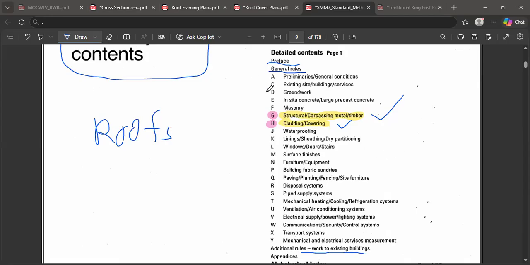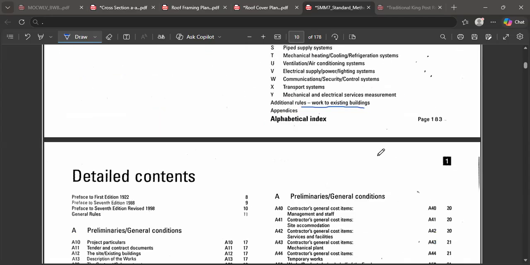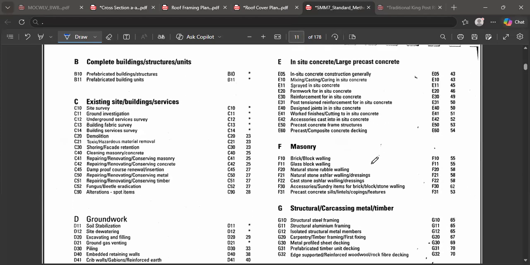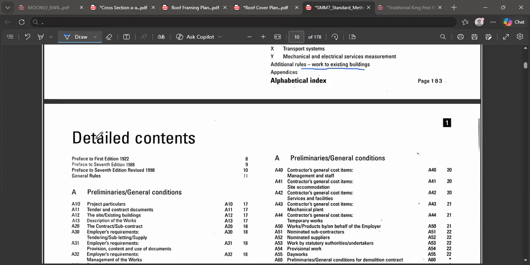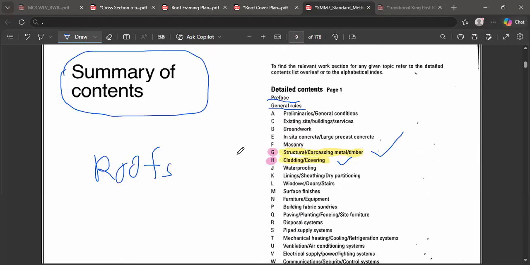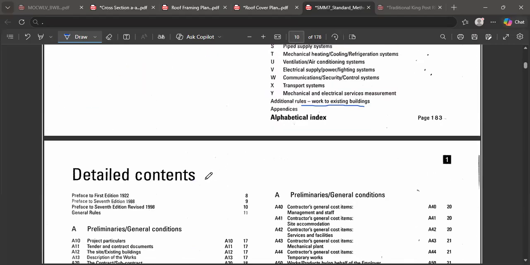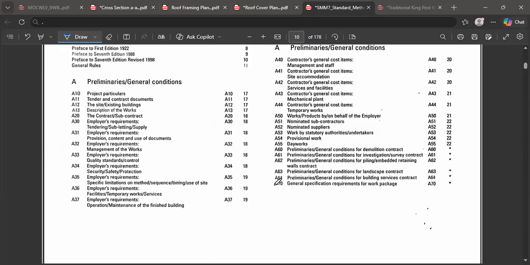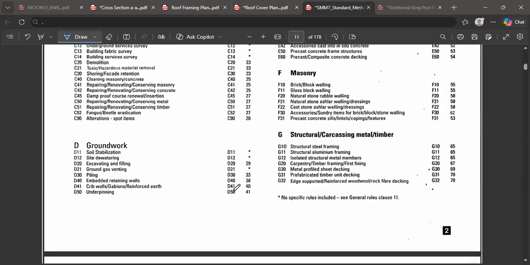There are 178 pages. So we have to look for a very simple way of looking for that. We have to now come to the detailed content and then look for H and G. Let's locate G first, then we can go and locate the H. So this is G over here. Can you see the G over here?